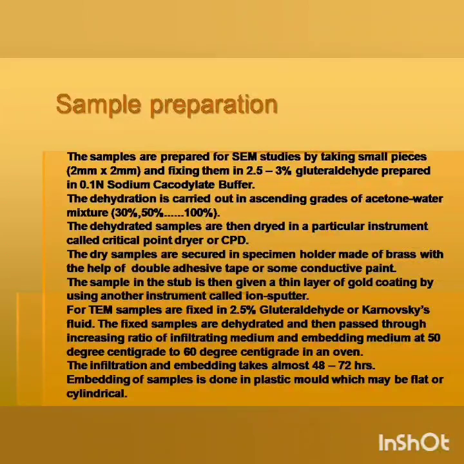TMS is an inert chemical and its boiling point is almost near room temperature, that is 26 degrees centigrade, and its surface tension is also quite low. After the sample is dried, it has to be secured in a metal stub made of brass with the help of double adhesive tape or some paints.